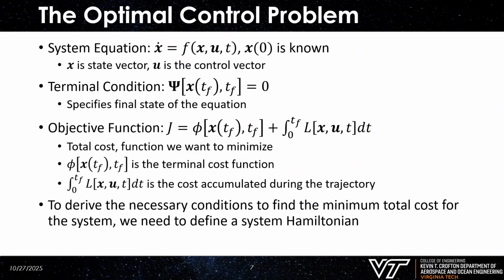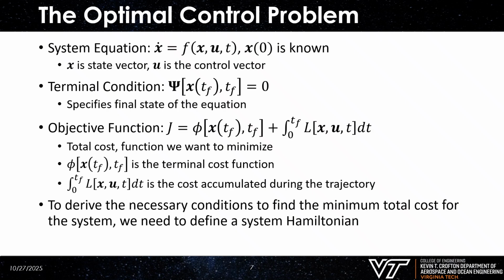The first term in that objective function is your terminal cost function, which is the penalty for not reaching the exact spot you specify as your final place. The second term, your integral of the Lagrangian, is your cost accumulated during the trajectory.